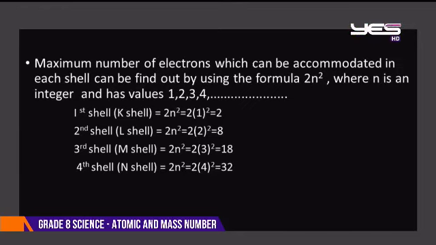K shell can accommodate maximum 2 electrons, L shell 8 electrons, M shell 18 electrons, and N shell 32 electrons.